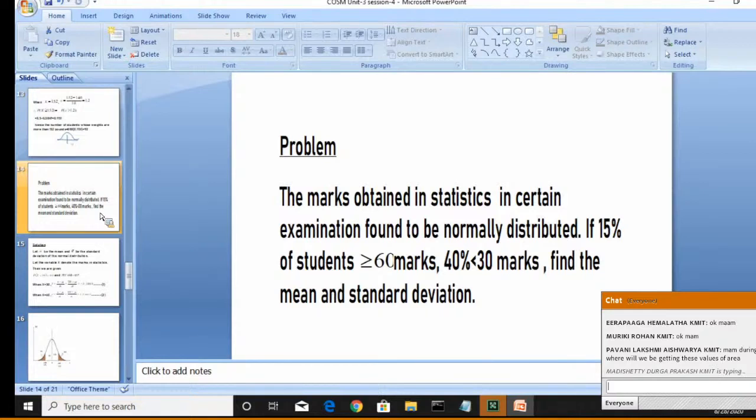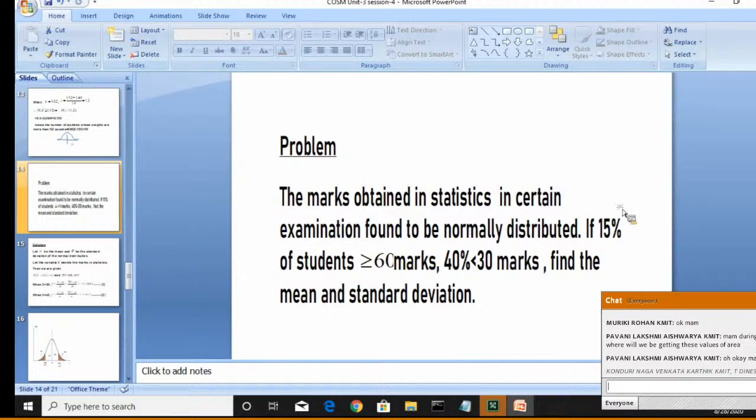Just take a printout of that table which I have sent to you. Is it clear? All of you need a printout. If you are having a mid examination, you need a printout of that. That time we will not provide you, so you should take a printout. Once the college reopens, you should take it out. Otherwise, you will be seeing for yourself. Okay. I am going to the next problem.